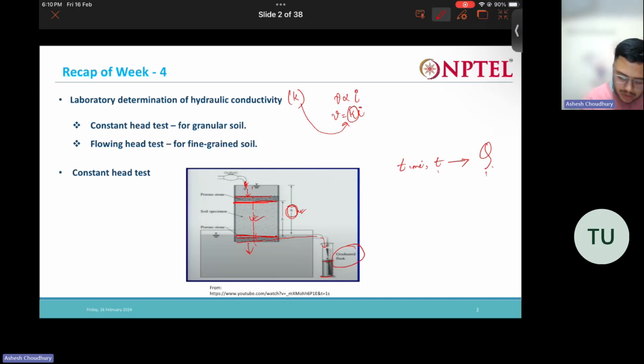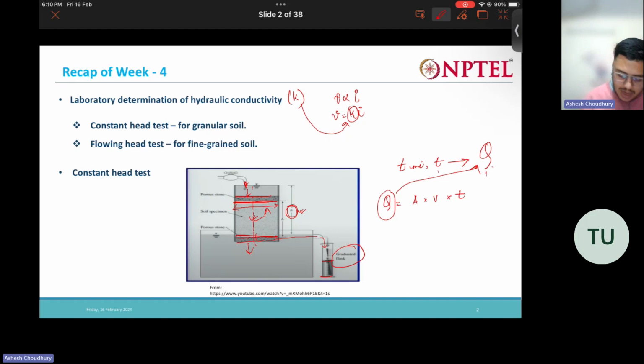If the cross-sectional area of flow is A, we can write Q equals area times velocity times time. This will give us Q, the total amount of water collected in time t.